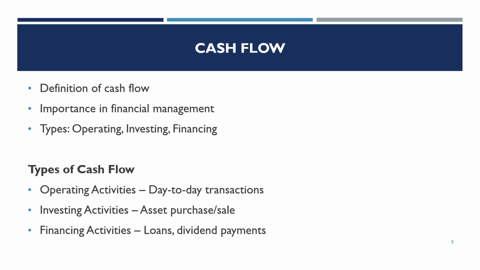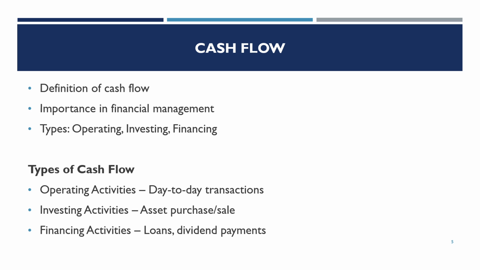Now, the second point from this lecture, which is very important, is cash flow. First of all, what is the definition of cash flow? Then we'll see the importance and types. Cash flow is simply the movement of money in and out of the business.